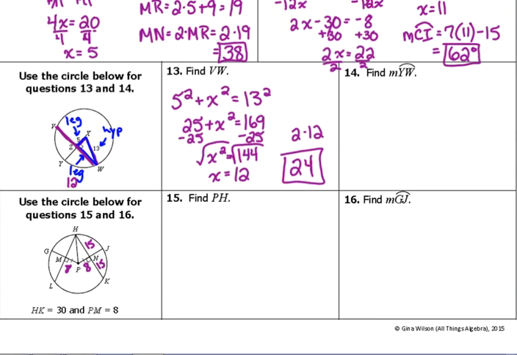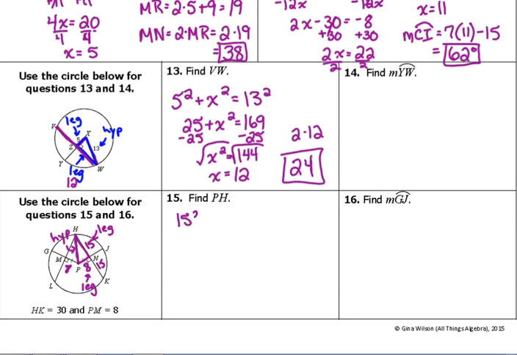What do they want? PH. They want PH. So, do we see the right triangle here? This time, 15's a leg, 8 is a leg. We're looking for the hypotenuse.